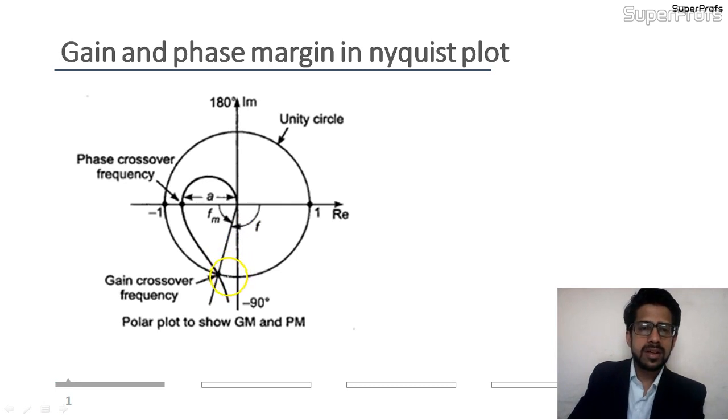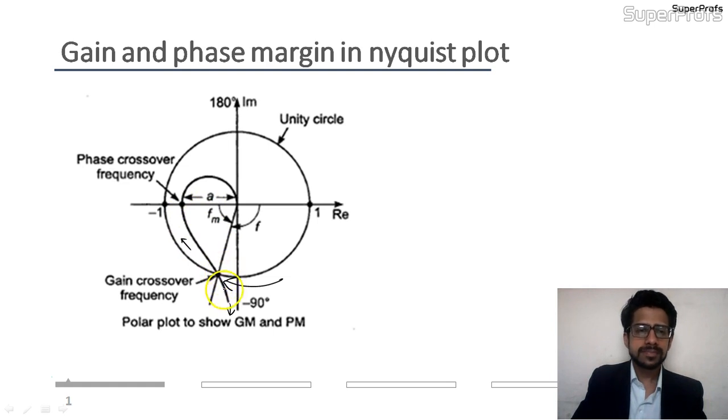Now, when a particular frequency forces my gain to cross 1, this is my limiting value. My system is already going unstable. So after these values I have my stability, because here the value of omega is less, and in this direction my value of omega is more.